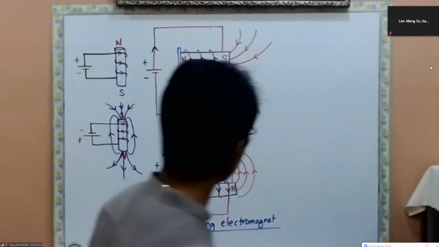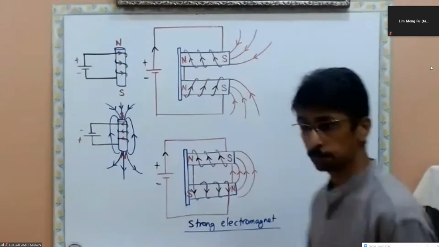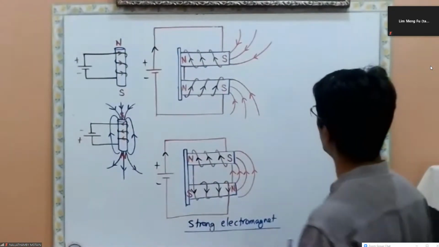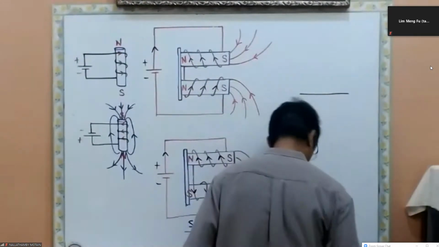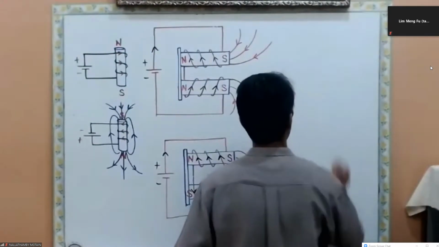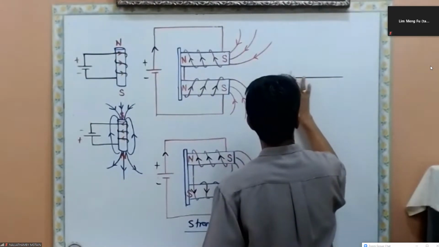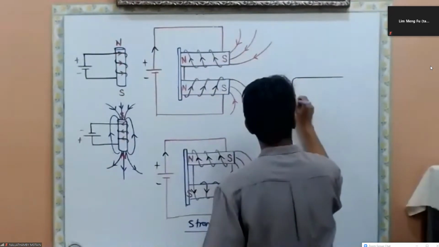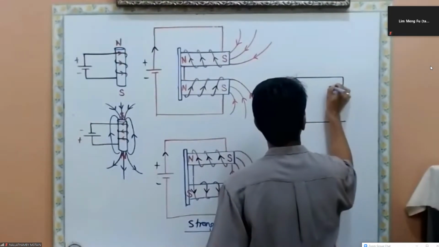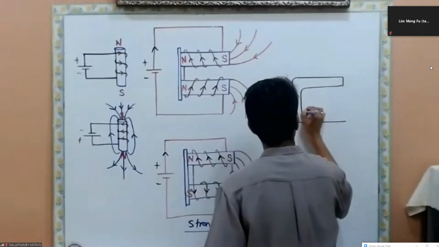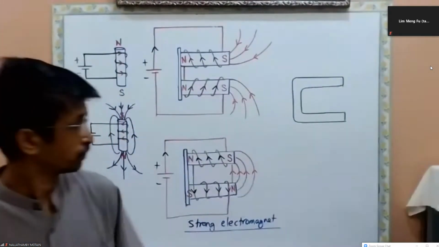Okay, one more that they can ask in the exam, the shape of the iron core that you're going to use. The shape. Okay, this one sample. Now I'm going to show you the shape of the iron core. Okay, what shape is this?